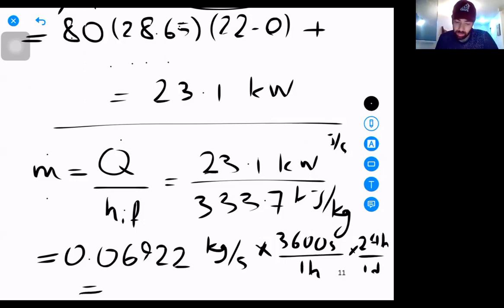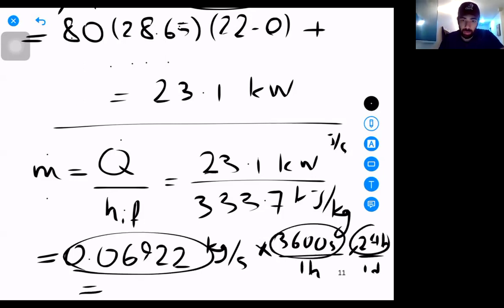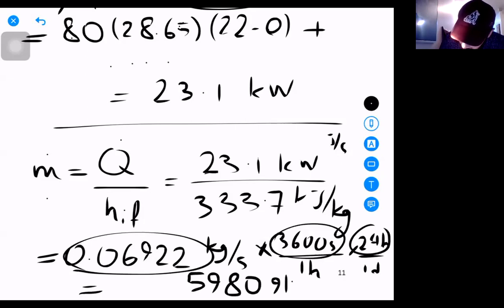So this amount times 3,600 times 24 should be equal to 5,980.94 kilograms per day.